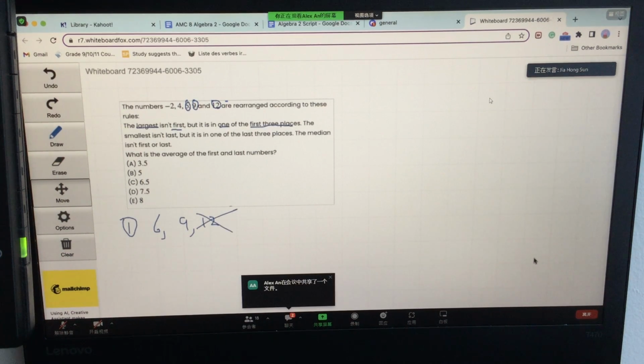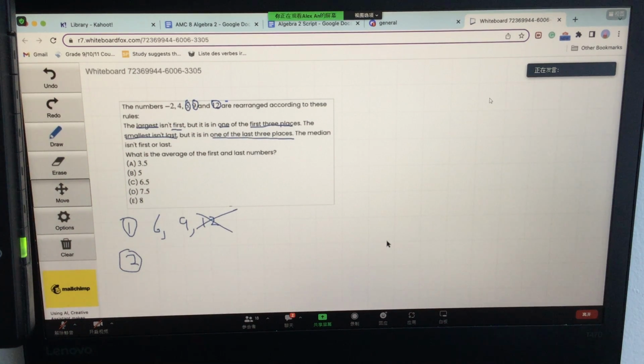The second clue is that the smallest isn't last, but it is in one of the last 3 places. The last 3 places would be -2, 4, and 6, so it can't be -2. Finally we have the median, the middle number.